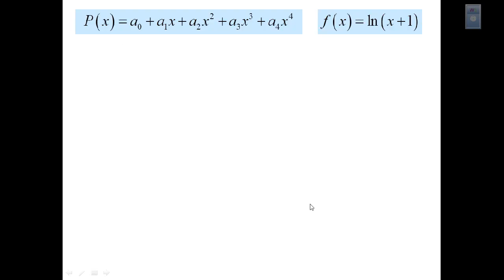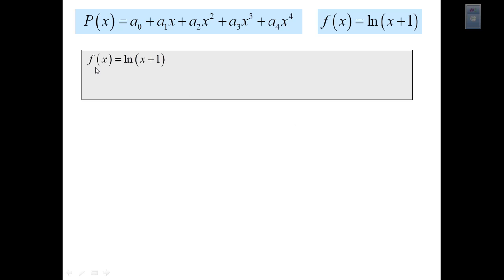So what we're going to do here is take our function, f of x equals the natural log of x plus 1, and evaluate it at 0. Remember, that's where we're focusing our polynomial approximation, so that's where we're going to base it. That gives us the natural log of 0 plus 1, or the natural log of 1, which gives us 0.